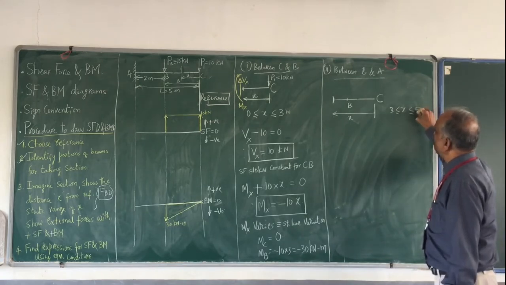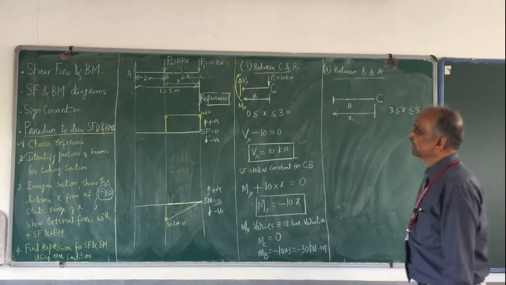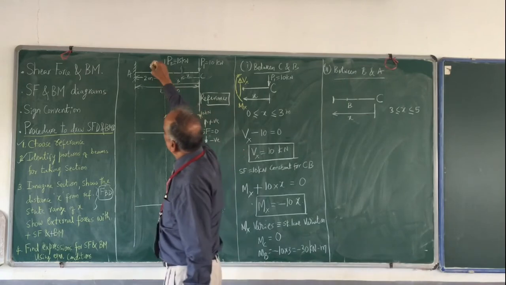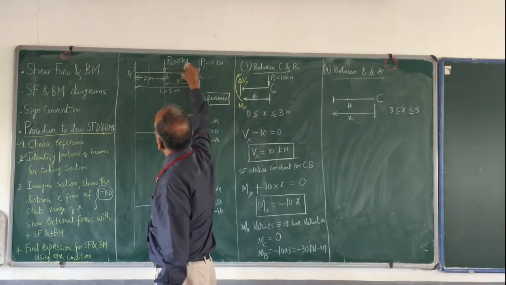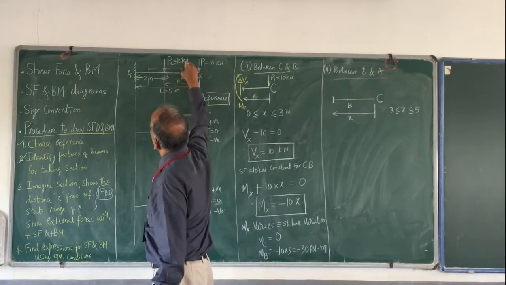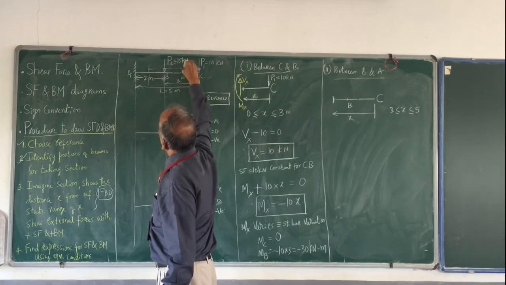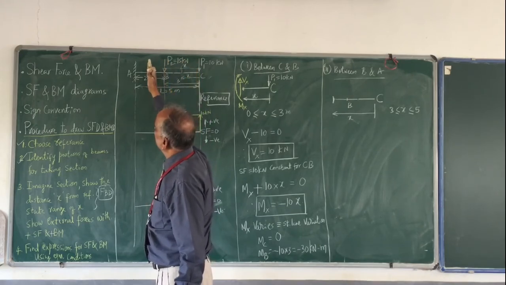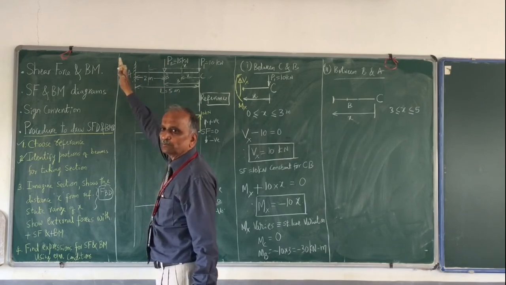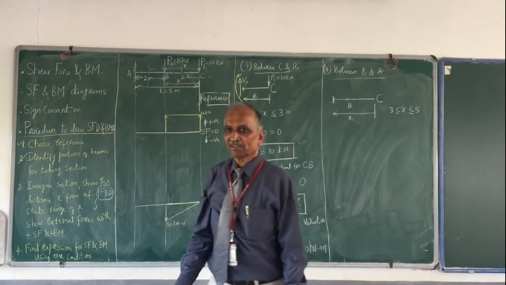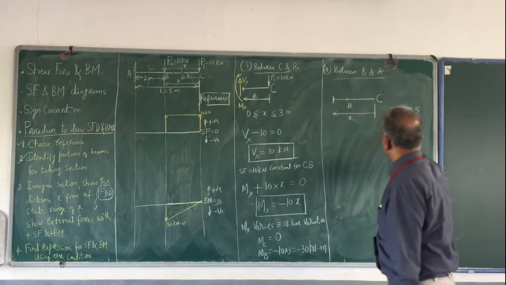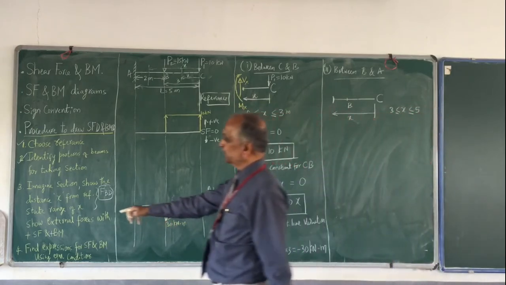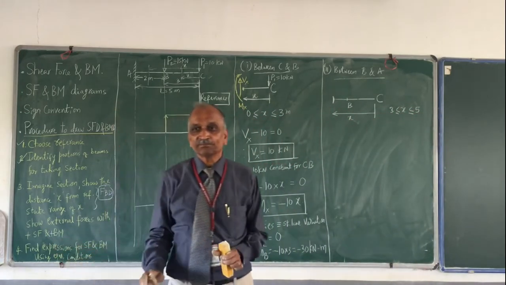The largest value is 5 meters. Your section is somewhere here, and this is your x. This can come up to here, or go up to here. If it goes beyond 5, it is meaningless. So this is what I mean by the range of x.